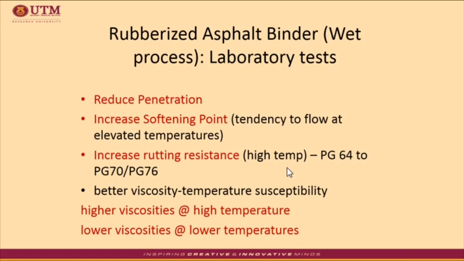This will give better viscosity and better resistance against temperature susceptibility of the binder. As discussed in the previous video, higher viscosity is expected at high temperature to prevent rutting and lower viscosity at lower temperatures to prevent cracking problems.